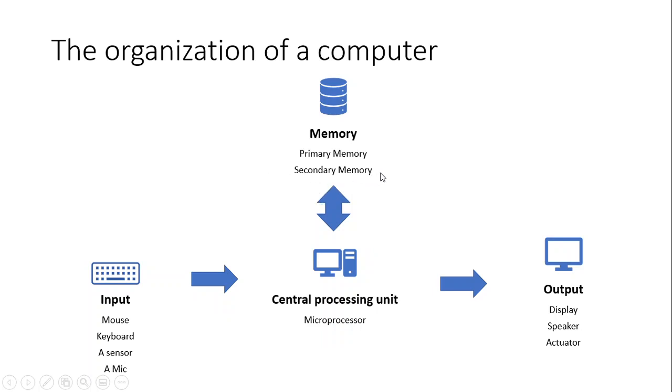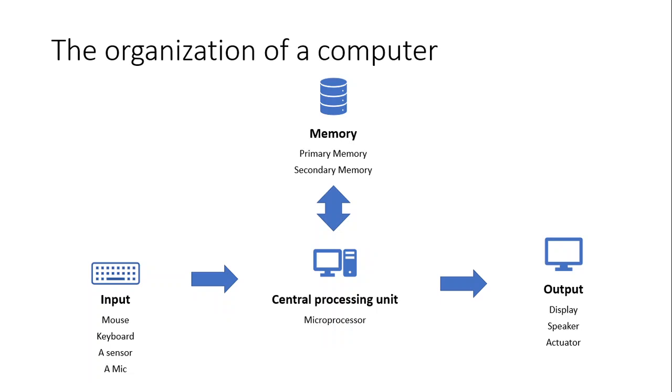Secondary memory is like your hard drive, optical drive, the USB flash drive that you connect to your computer, or if you have a smartphone. For example, when you say I have a 64 GB Samsung Galaxy S8 or S7, the 64 GB is the size of the secondary memory, the ROM, the permanent memory in which you can store your images, photos, videos, audios, text messages, and all the software or apps that you download.